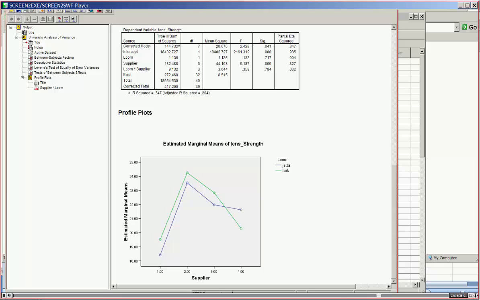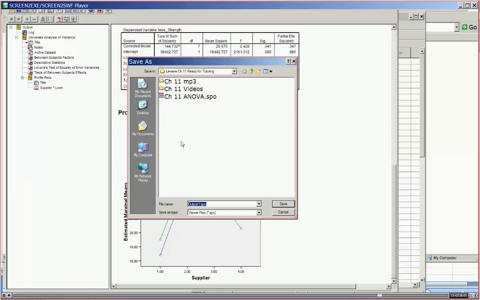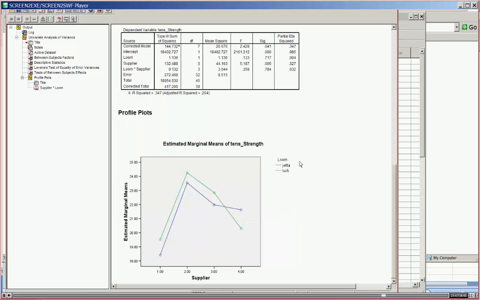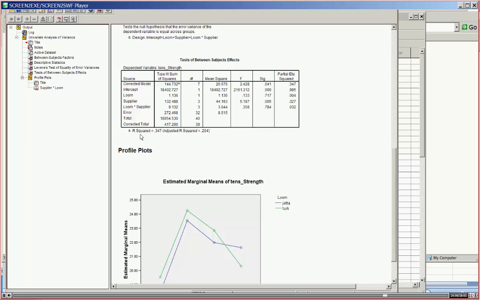All we need to do now, let's save this. R squared, that's the square of multiple R. That's the correlation between the predicted value of the dependent variable and the actual one.